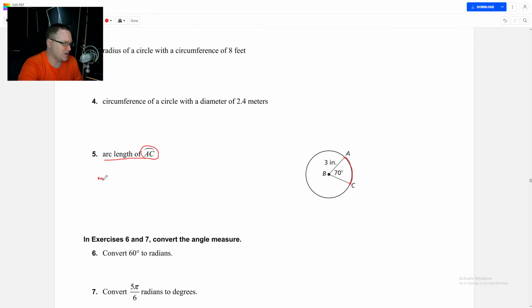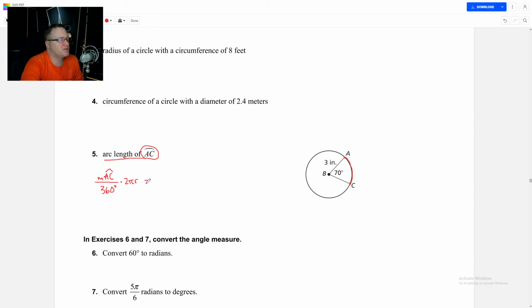It's the measure of the arc, so the measure of AC, divided by 360 degrees, times 2 pi r. Remember, 2 pi r is just the circumference of a circle.